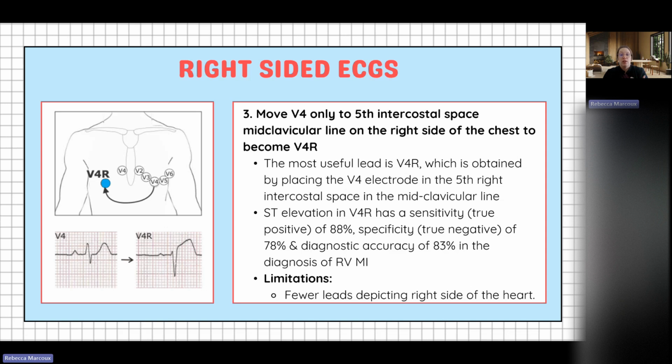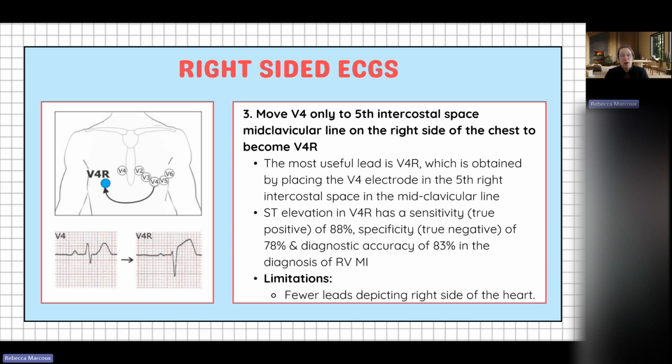That gives it an overall diagnostic accuracy of 83%, sorry, which is not bad when you're thinking a single lead is going to tell us 88% of the time that we see ST elevation, that it is actually ST elevation. 78% of the time we don't see anything, it's going to be a true negative. And overall, 83% diagnostic accuracy, not bad.